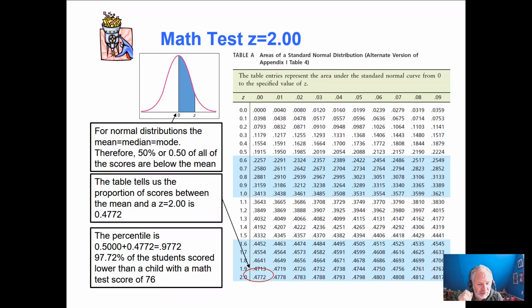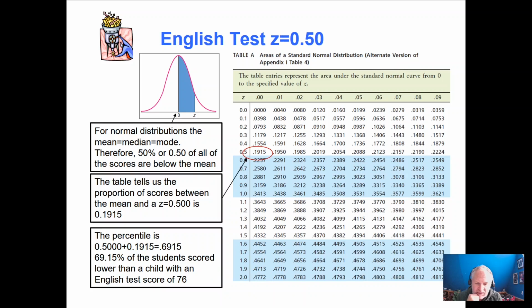Did the same thing for the English test. A z-score of 0.5, half a standard deviation unit above the mean. And the proportion of scores that reside between 0 and 0.5 is 0.1915. So 19.15% of the total scores are between the mean of 0 and the z-score of 0.5.